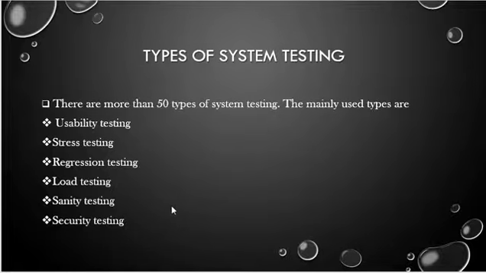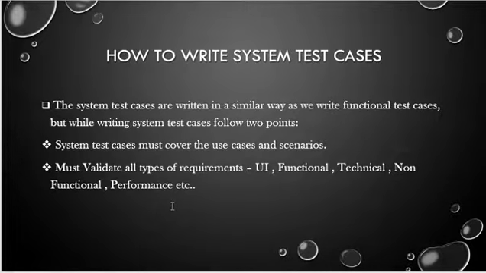Okay, but mainly used are usability testing, stress, regression, load testing, sanity testing and security testing. When I do these types of testing, I mainly call them system testing. Okay, so these are a few I have listed for system testing. Now you know the types of testing.